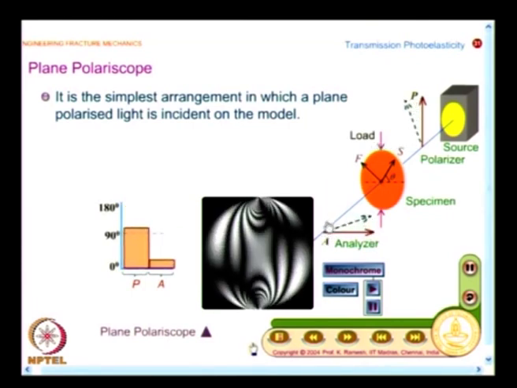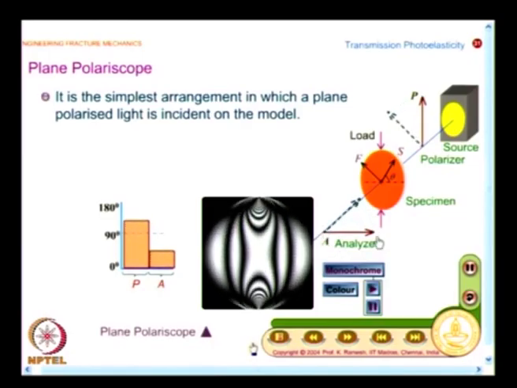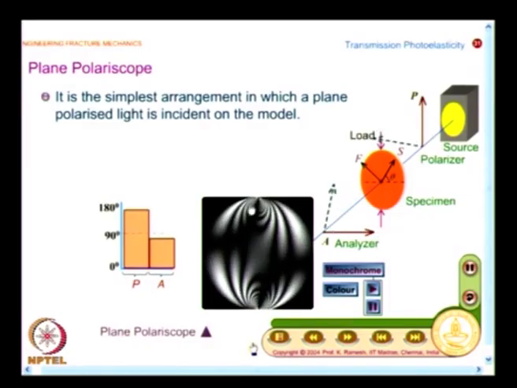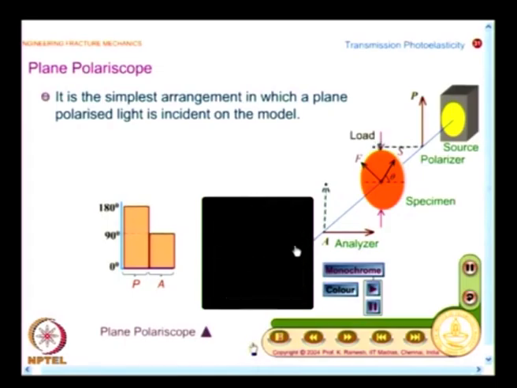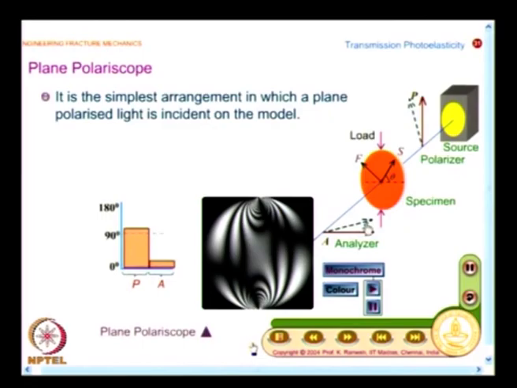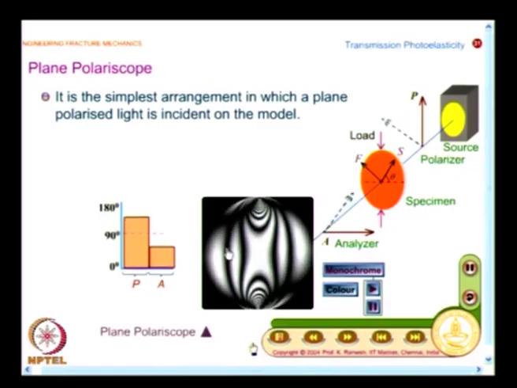Because you do the analysis of the exit light ellipse, you call this the analyzer. In general, in a plane polariscope you would see two fringe contours. One fringe contour moves as the crossed polarizer and analyzer positions are moved, and you have another contour which is stationary.